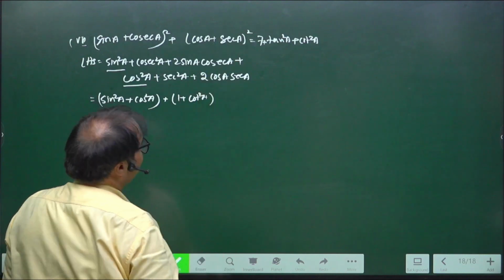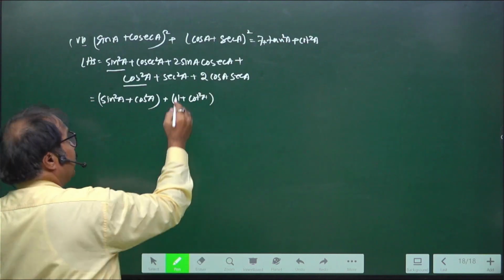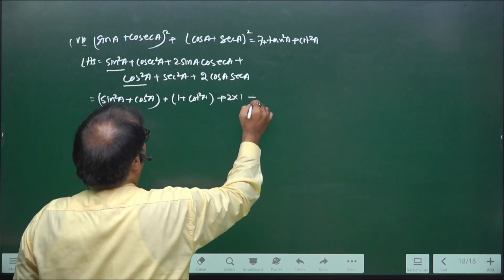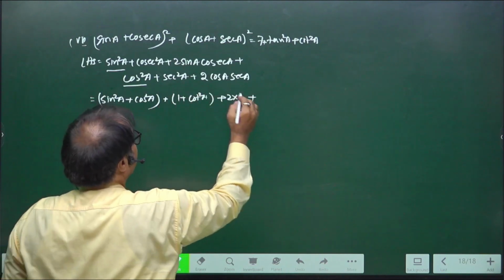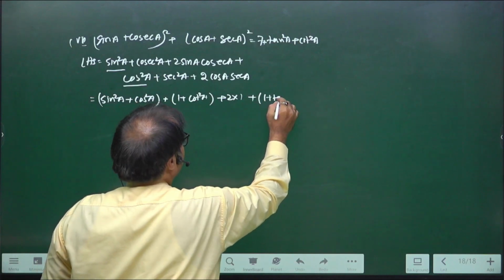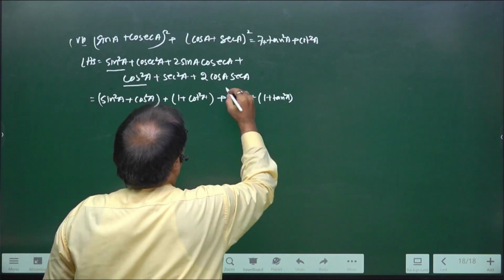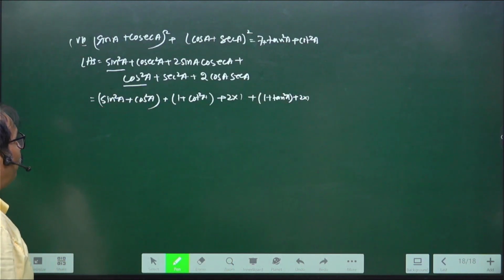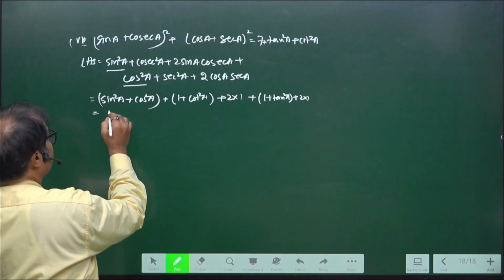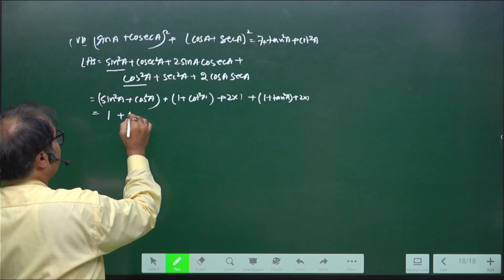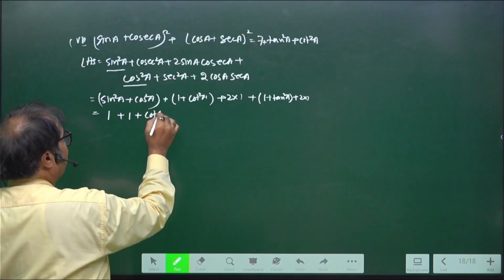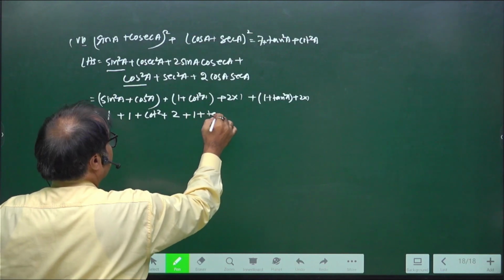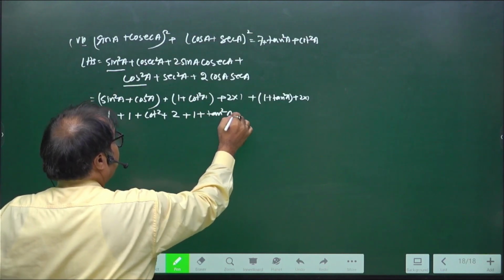And the product of sin A into cosecant A, this will be 1. So plus 2 into 1. Now plus this secant² A can be written as 1 plus tan² A, and plus 2 into 1 because cos into secant is also 1, and sin² A plus cos² A is 1, and this is 1 plus cot² A, and this is 2, then plus 1 plus tan² A and plus 2.